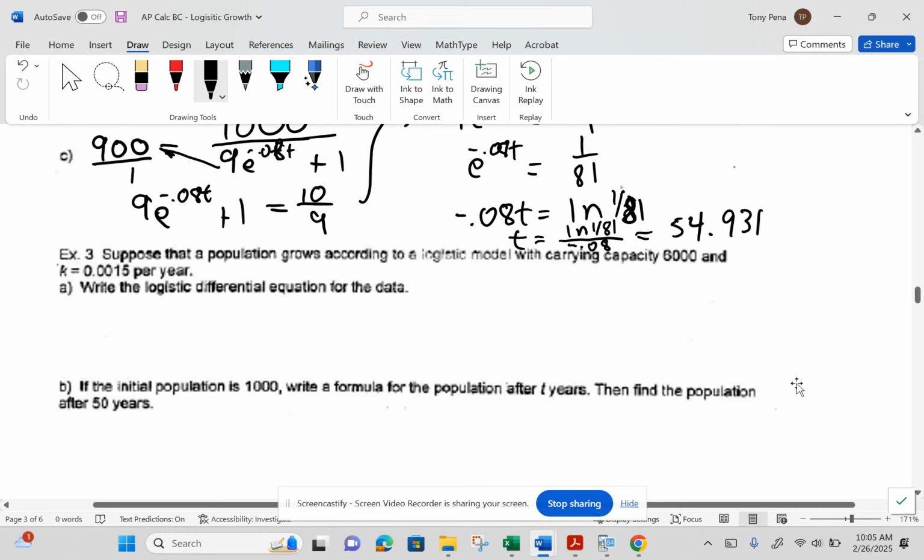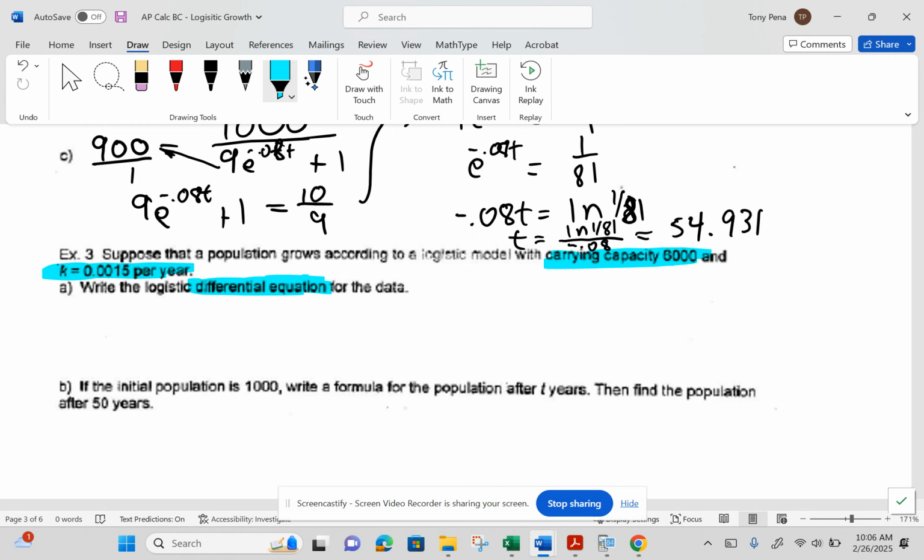Okay, and then real quick, go to that third example. Suppose the population grows according to the logistic model, so that puts into play everything that we did in the last half hour, with a carrying capacity of 6,000 and a little k of 0.0015 per year. I want you to write the logistic differential equation.